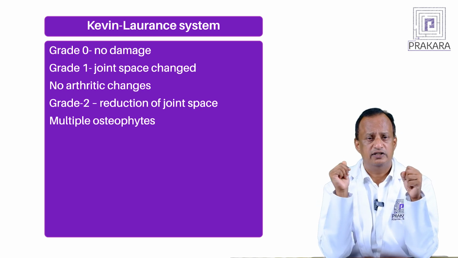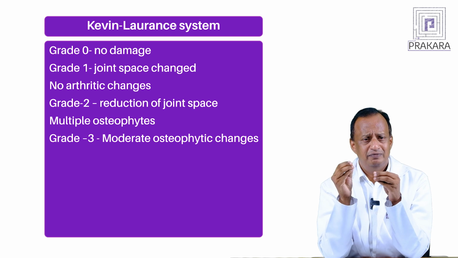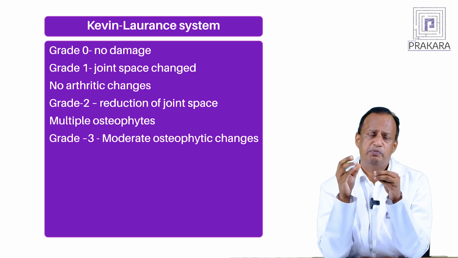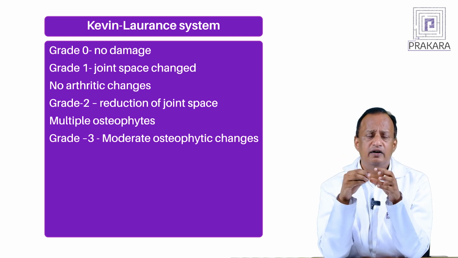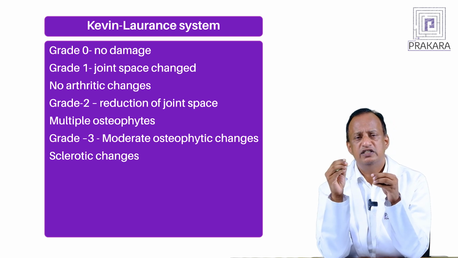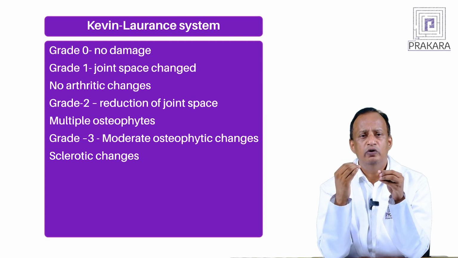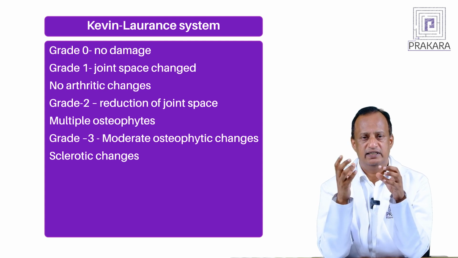In grade 3, we will find moderate osteophytic changes, the joint space reduced, and relative sclerotic changes. Sclerotic changes means we will find a little bit of whitish areas in the bone, that is actually dead bone basically.